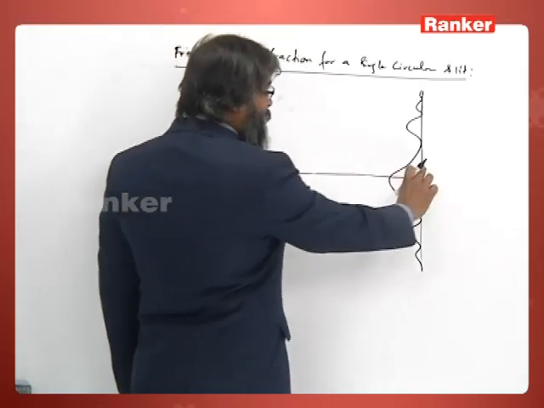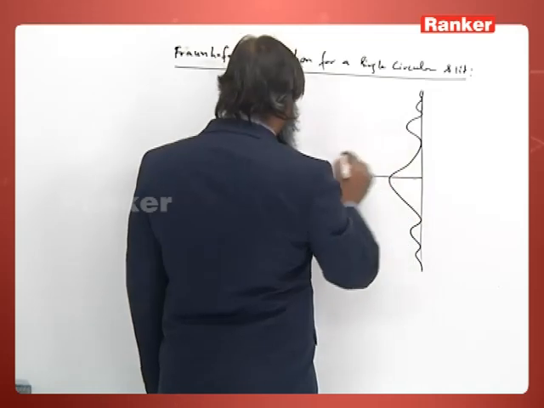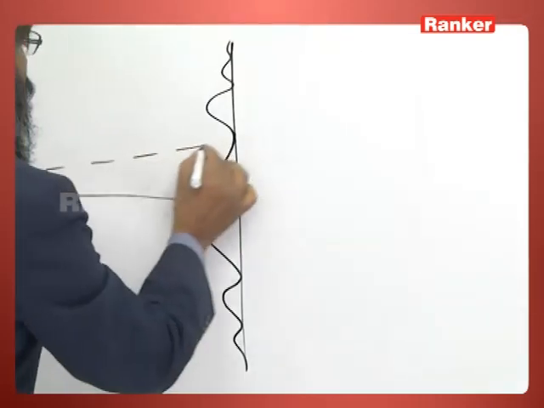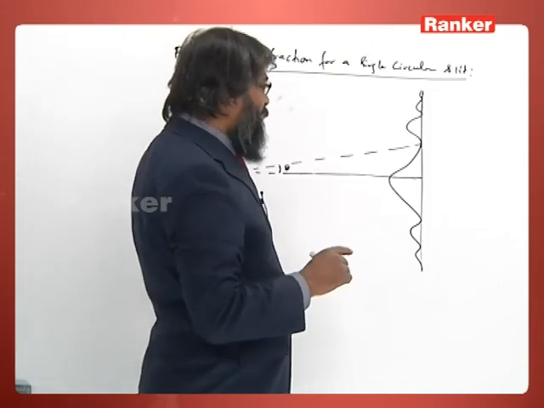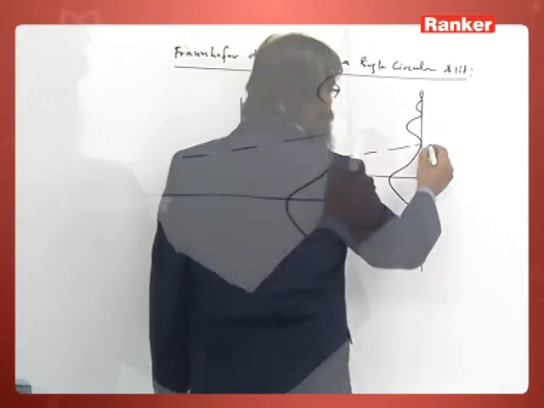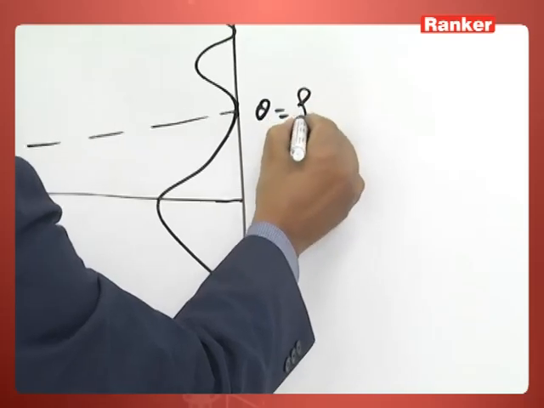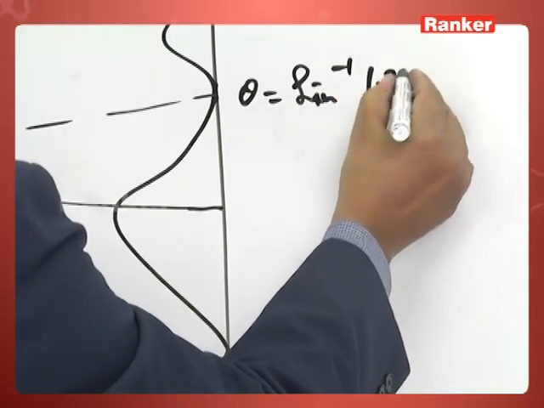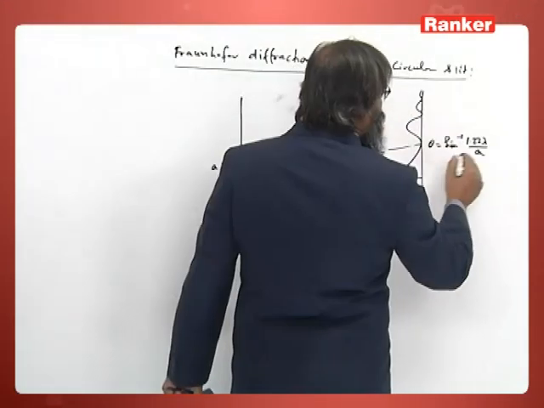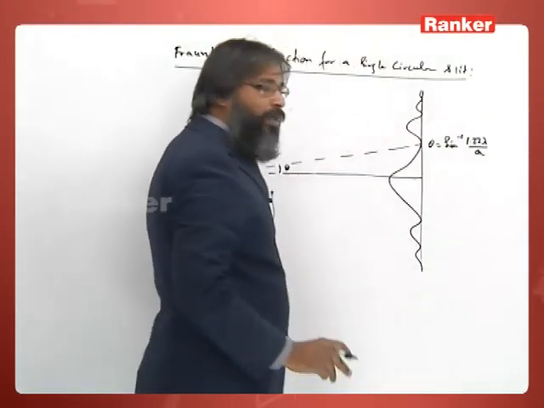Most of the energy is confined within the central maxima. This is the first minima, which, compared to our previous rectangular slit, is at theta equal to sin inverse 1.22 lambda by A. The calculation is beyond our scope.